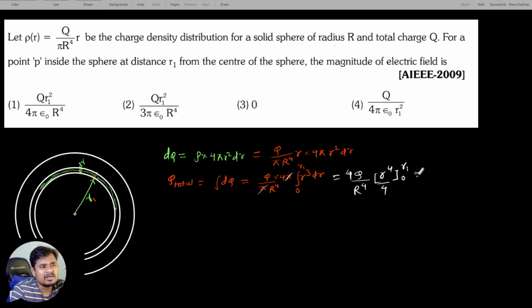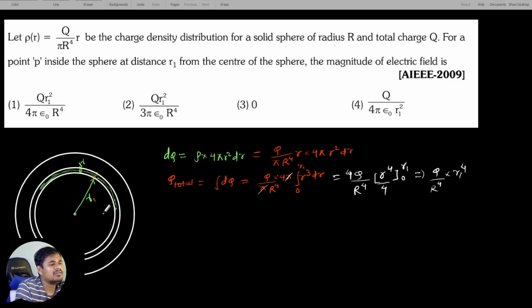So we will get the value here as q by R raised to the power 4 times r1 raised to the power 4. So we got the q total, the total charge that is enclosed in this region.